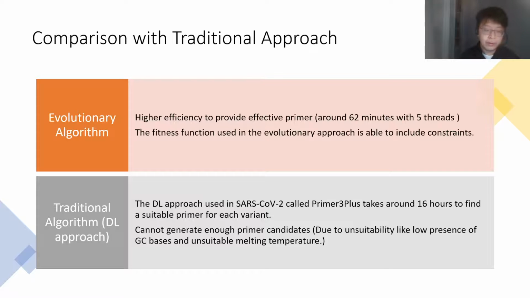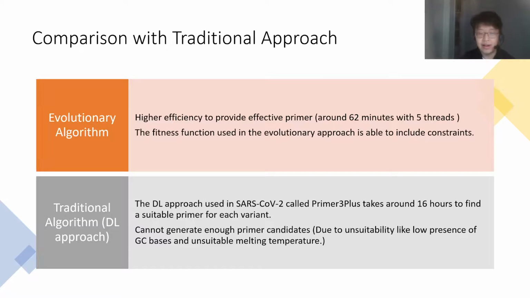Compared with the traditional method, there are some typical advantages of the EA, such as higher efficiency, which could generate qualified primers, and the fitness function being able to include the constraints so that unsuitable primer candidates decrease. The traditional approach uses a platform called Primer3Plus. It takes about 16 hours to find a suitable primer for each variant.